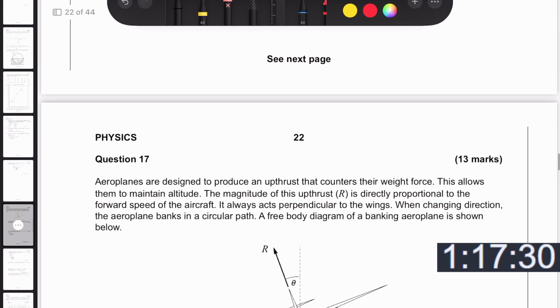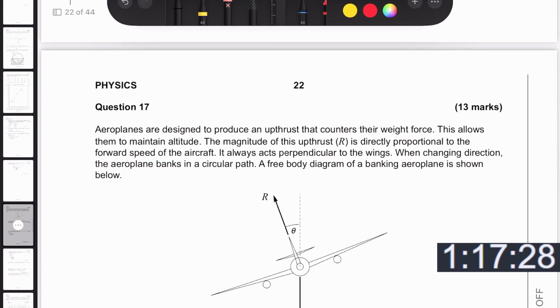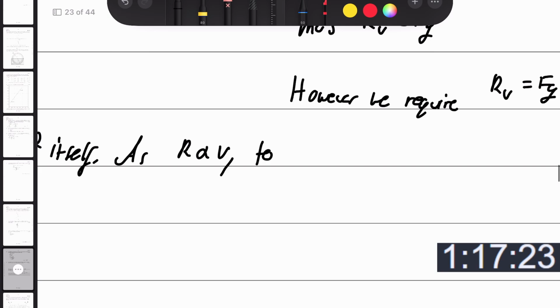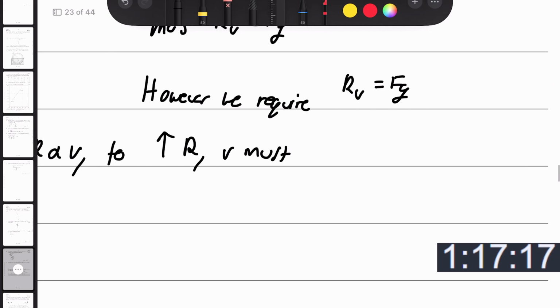I think it said proportional to the forward speed of the aircraft. To increase R, v must increase.